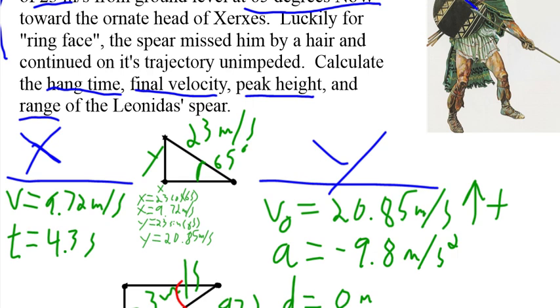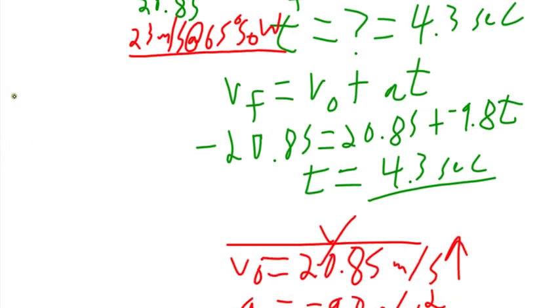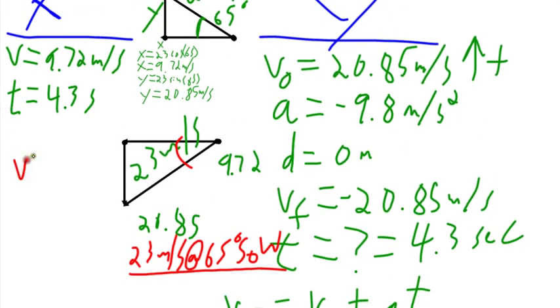And for the last one, we're looking for the range. And again, for the range, we need to use our x. And we can think back to our basic equation for the x, where we have v is equal to displacement over time. We have the total time, which is what we need for the range. We have our x velocity, so we can find our range, which is our horizontal displacement.